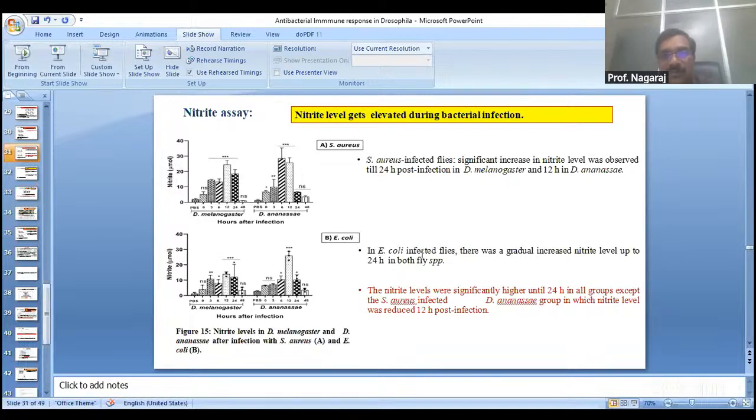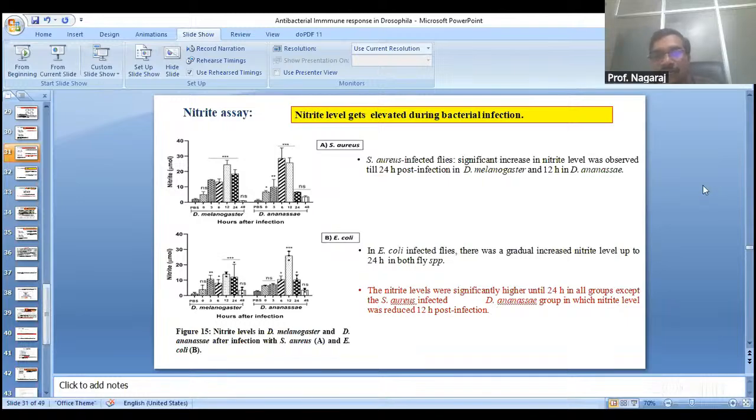Coming to E. coli, there is a gradual increase in nitrate level up to 24 hours in both fly species. So the nitrate level was significantly higher in all groups except SRES infected Drosophila Ananassae, in which nitrate level was reduced at 12 hours post-infection.